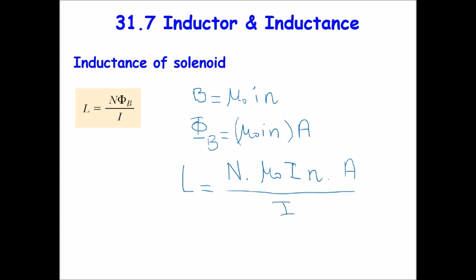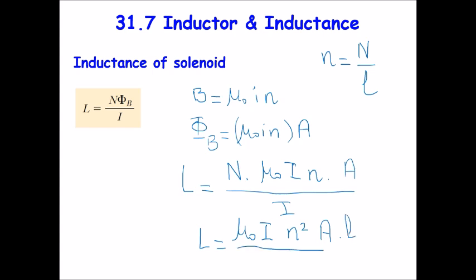But what is n? n is actually the number of turns per unit of length. So the number of turns per length of a solenoid; if you put it here, you will get mu 0 I n squared A L over I, and I will cancel out.